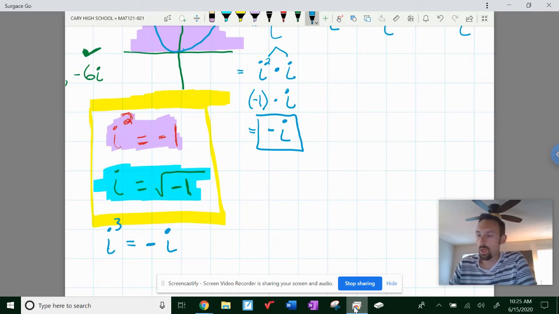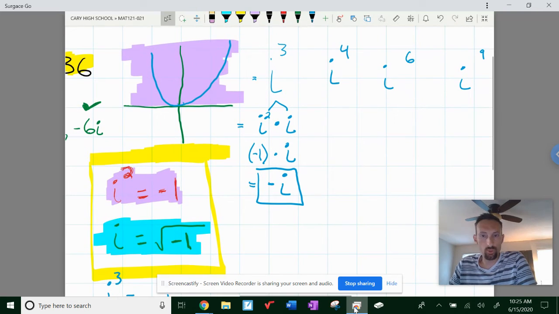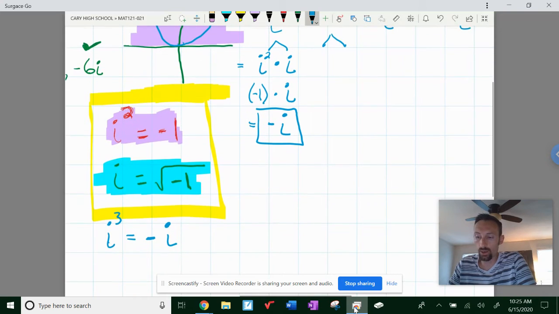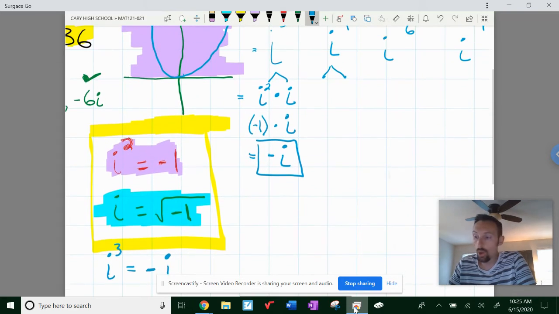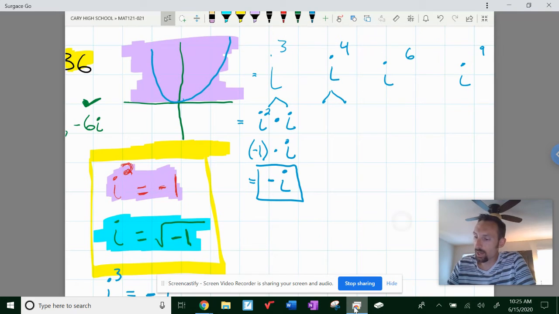Okay. And then we'll do this one more time with i to the 4th, and then we'll try to use these 4 values of i to kind of find bigger values, i to the bigger powers. And so i to the 4th, I can break this up a couple of ways. I can either break this up into i cubed times i, because now I know what i cubed is, and I know what i is, or I could break it up into i squared times i squared, and that's what I'm going to do.